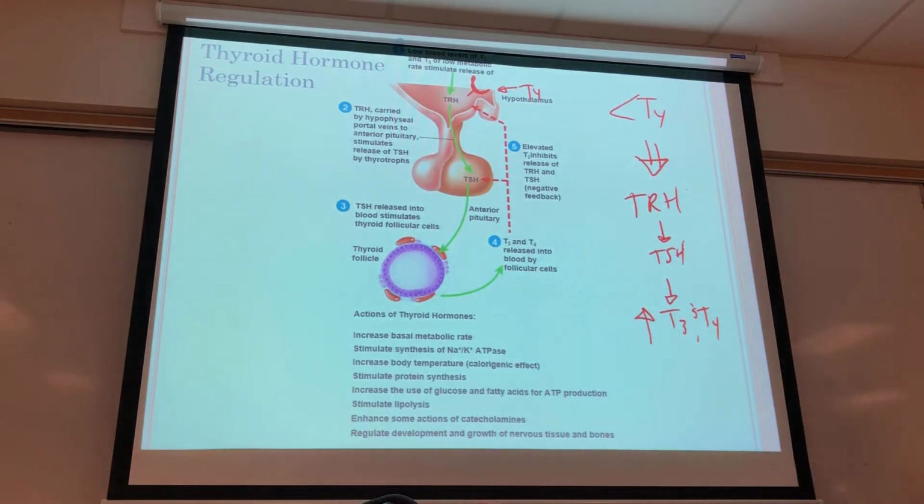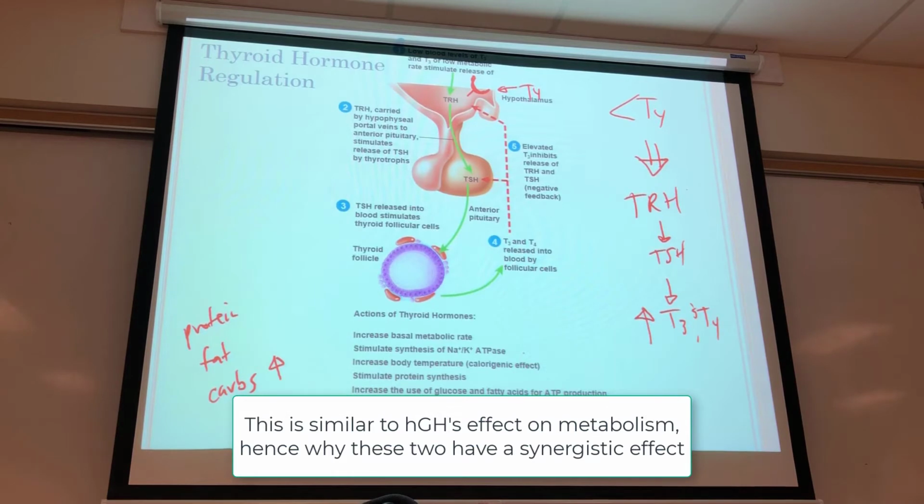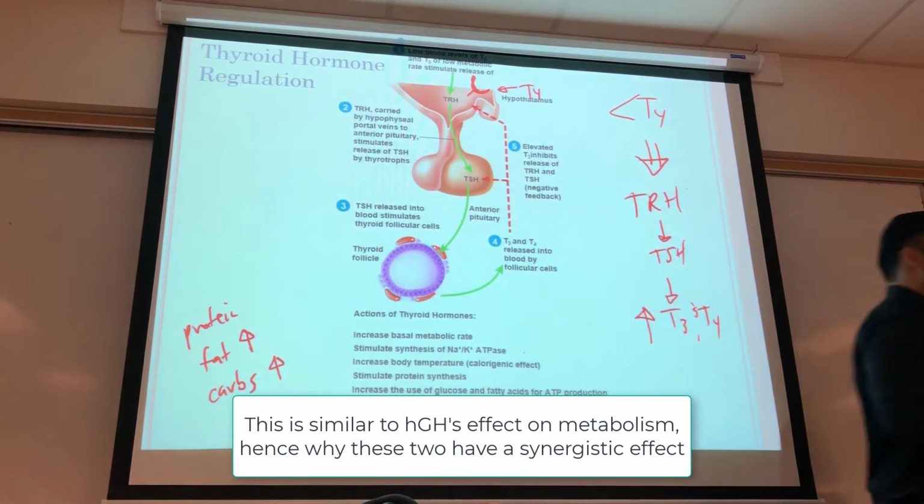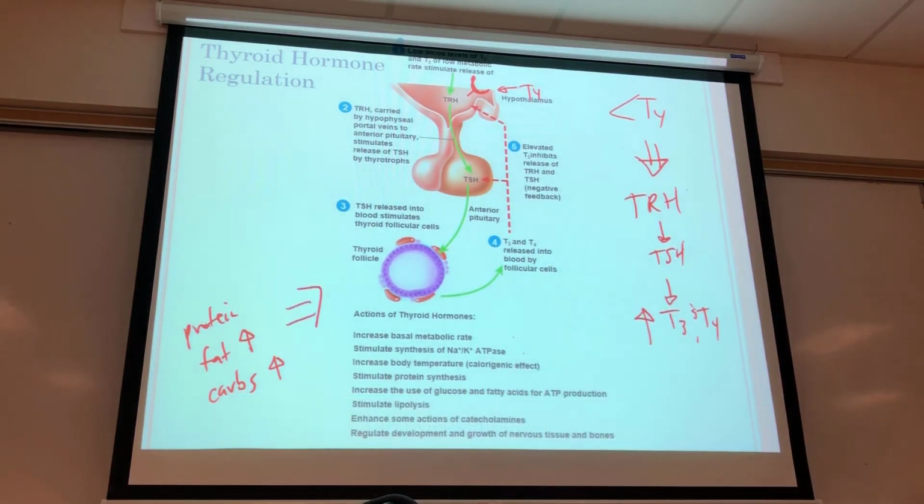So out of all the things that we looked at, protein, fat, and carbohydrates, our thyroid hormones will allow us to use carbohydrates and fats as a metabolic substrate, things to undergo cellular respiration to produce ATP. But we want to limit the amount of protein being metabolized to produce ATP.